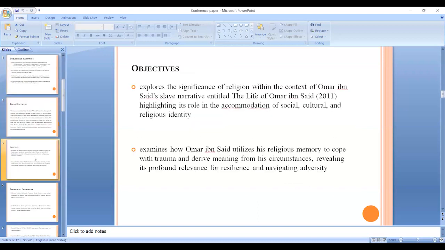The objectives of my study: it explores the significance of religion within the context of Umar ibn Said's slave narrative, entitled The Life of Umar ibn Said, published in 2011, which is the current version of his slave narrative, and how it highlights its role in the accommodation of social, cultural, and religious identity. It also examines how Umar ibn Said utilizes his religious memory to cope with the trauma and derive meaning from his circumstances, revealing its profound relevance for resilience and navigating adversity.